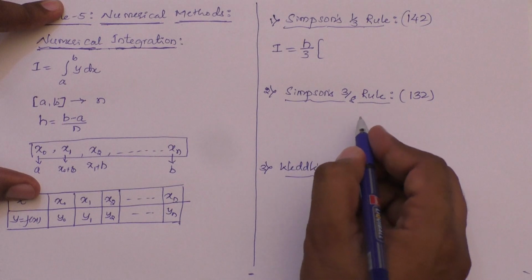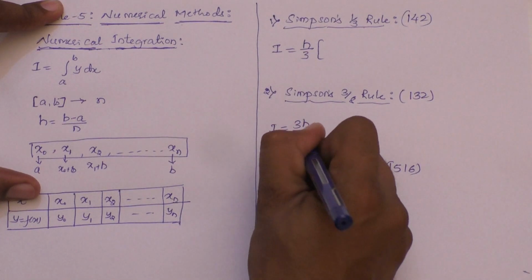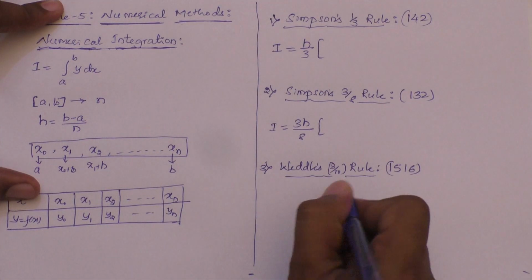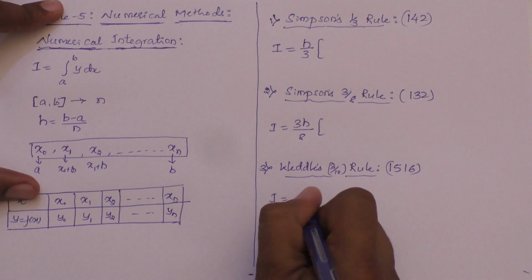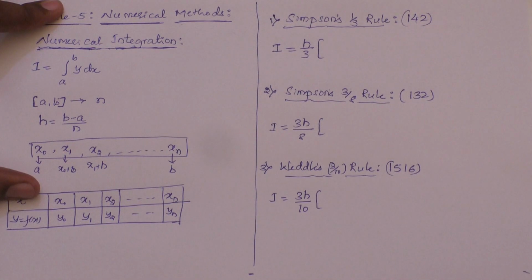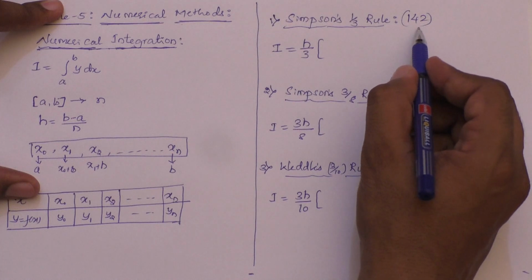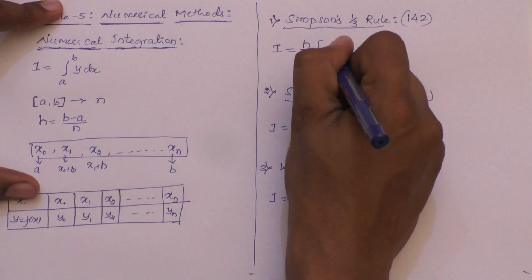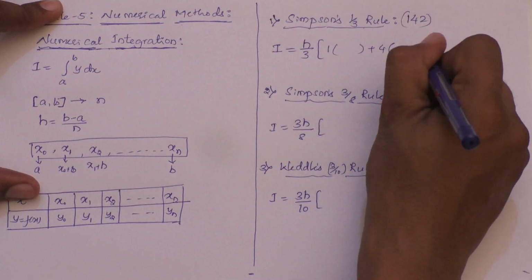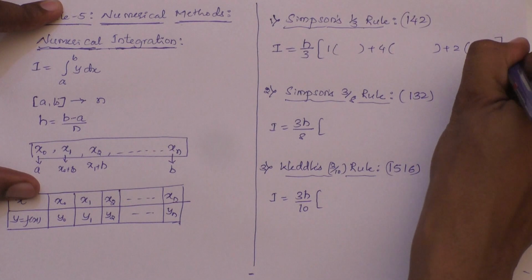Similarly, Simpson's 3/8 rule means I equals 3h by 8 into a bracket. Then Weddle's rule, we call it the 3/10 rule, I equals 3h by 10 into a bracket. Now 142 is associated with 3 brackets: 1 into the first bracket, 4 into the next bracket, then 2 into the last bracket.